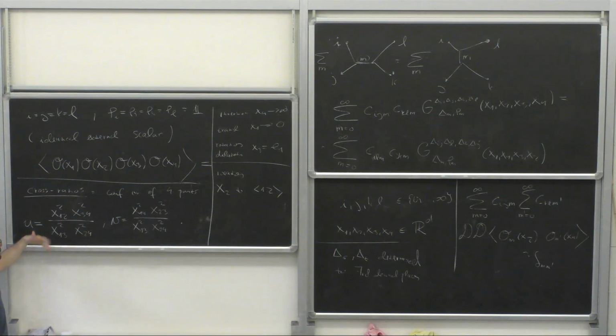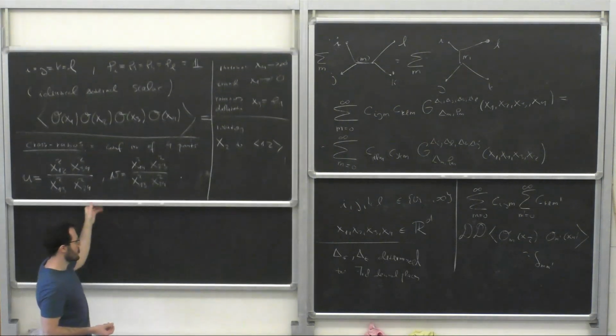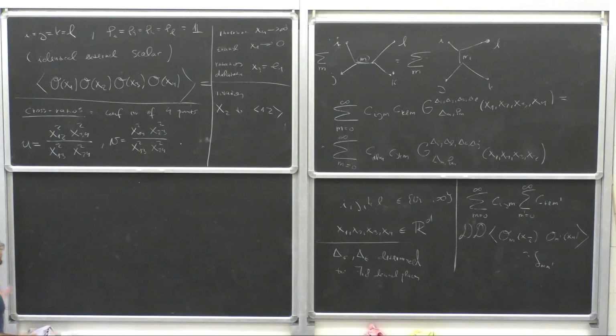In fact, the only thing that you need is that the total weight upstairs and downstairs is 4. Rotations also, because it just depends on the norm of these vectors. So the only thing which is non-trivial is that it's invariant under special conformal transformations. But for that, it's sufficient to check that it's invariant under inversions, right? So if it's invariant under inversions and everything else, then special conformal transformations are okay.